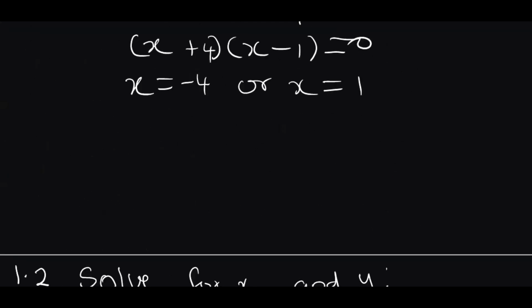Now, how do we check if both of these are the solution of this problem or not? If we put this negative form in that equation, the left hand side is not equals to the right hand side.